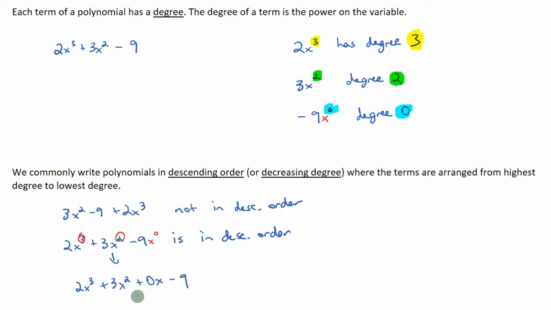And sometimes that's useful for different applications of polynomials, where if there's any terms that are missing, for example, this one was missing the degree 1 term, you can add it in and just put what's called a coefficient in front of it of 0. Okay? So just again, some basic terminology here when dealing with polynomials.